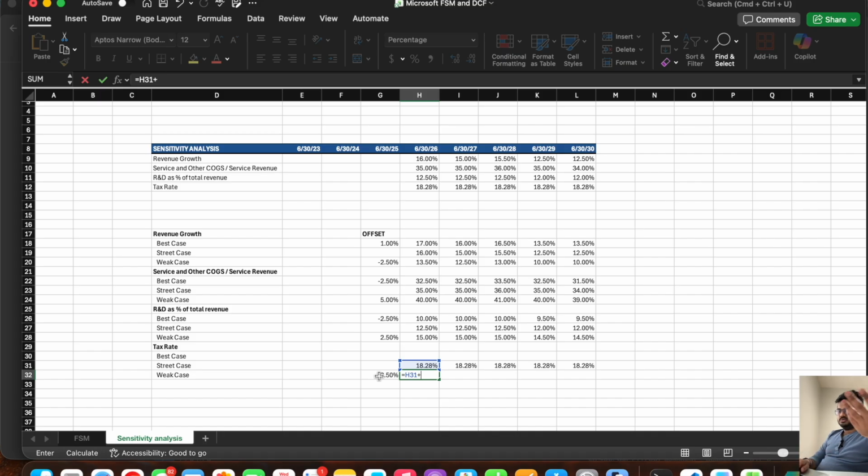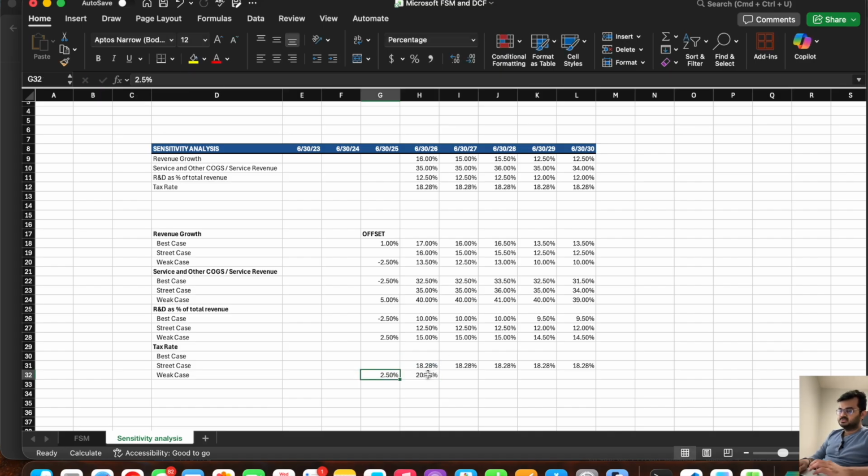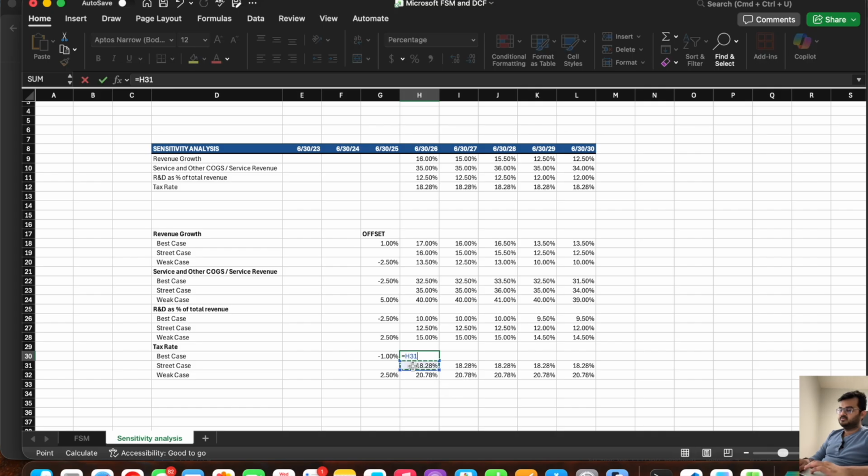You could argue that it can be even beyond 21%, but absolutely fine. Feel free to update the number, but I will make something close to 21%. I think this number looks fair enough for me. Similarly, in the best case, I will just go by negative 1%. I really don't know, if I take the same 2% it will go to 16%. That might be lesser. So just this one and do this.